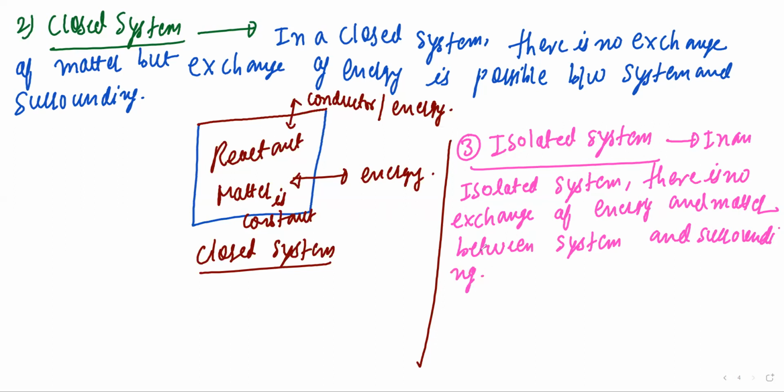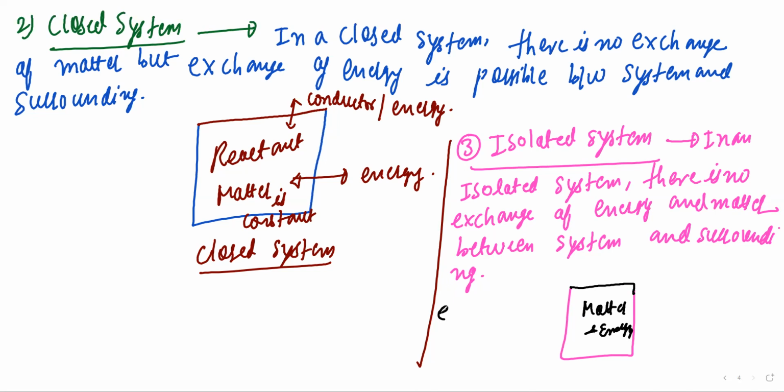Right. So you can see the diagram for that. The upper part will be the non-conductor, a system which is made up of non-conducting material. So matter is inside and energy is also inside. There is no exchange with the surrounding. The presence of reactant in a thermos flask or any closed insulated vessel is an example of an isolated system.